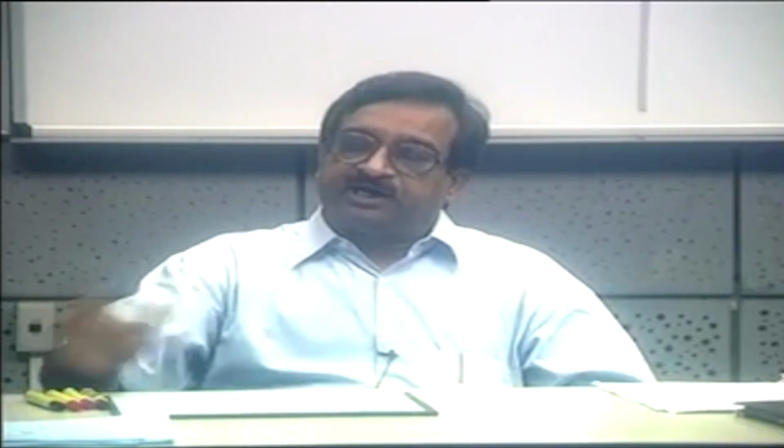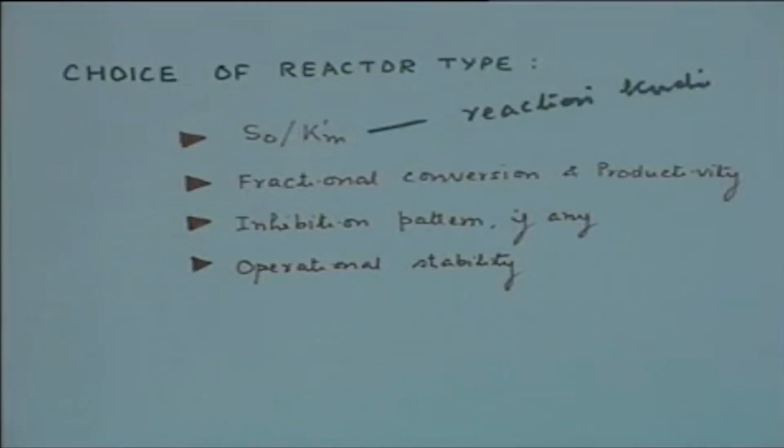Life is simpler, but if there is an inhibition pattern, that must be taken into account for analyzing the reactor performance. And finally, the operational stability of the system, as a result of the effect of enzyme deactivation during continuous operation of the two different types of reactor, will also be influenced by the deactivation pattern.